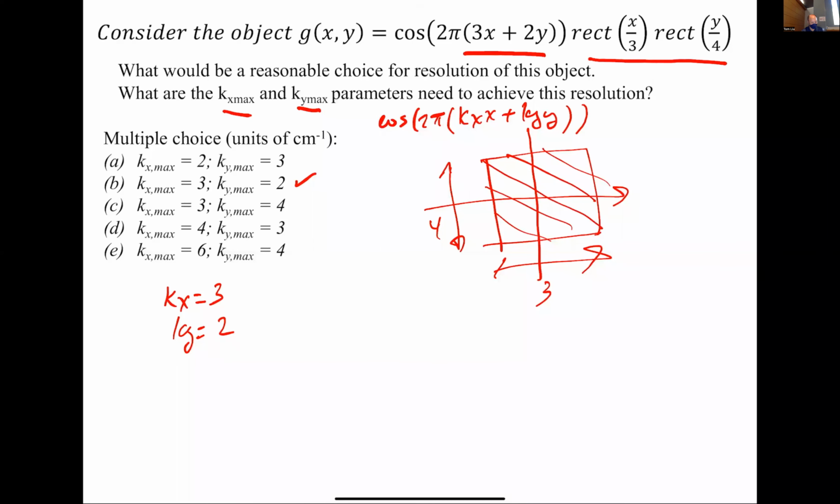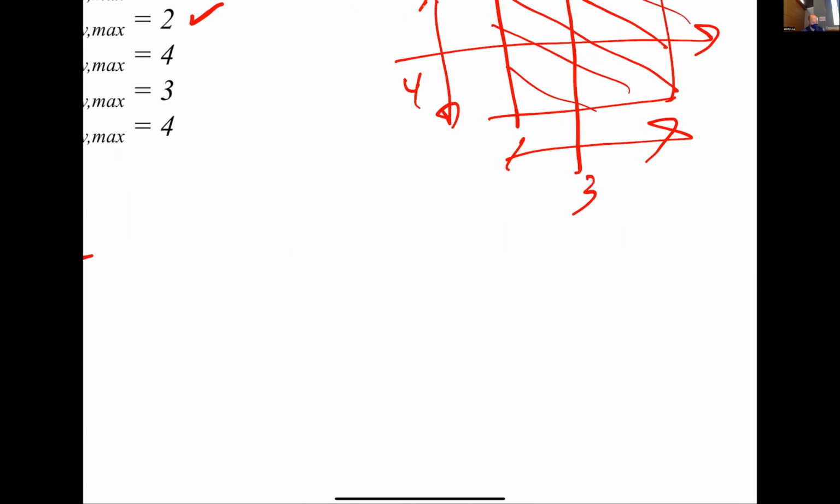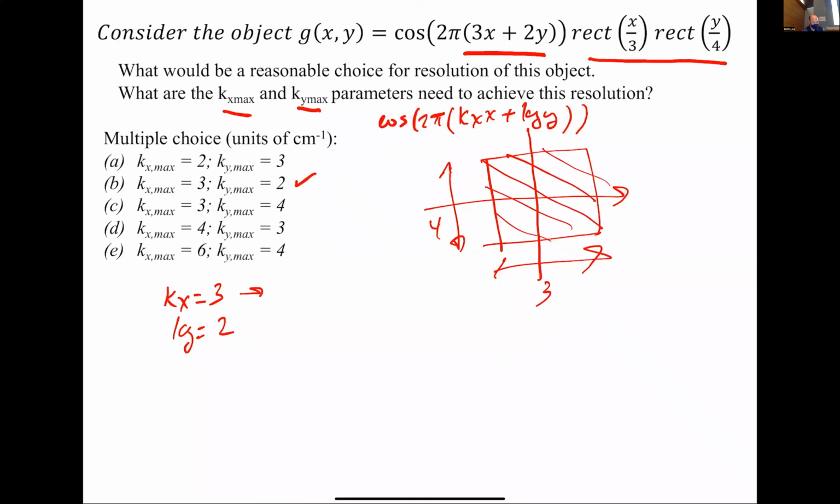Let's, for example, just look at kx equals 3. This means the period is 1/3, right? So that means if I drew a cosine or sine, this would have a period of 1/3. And so half a period is 1/6, right?